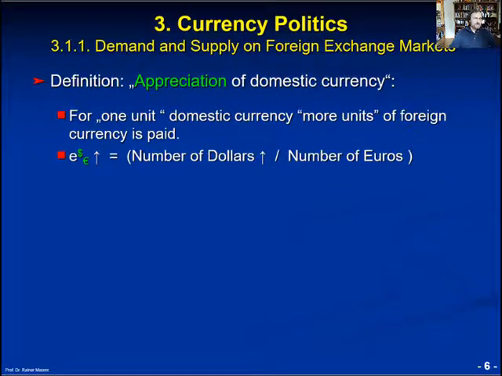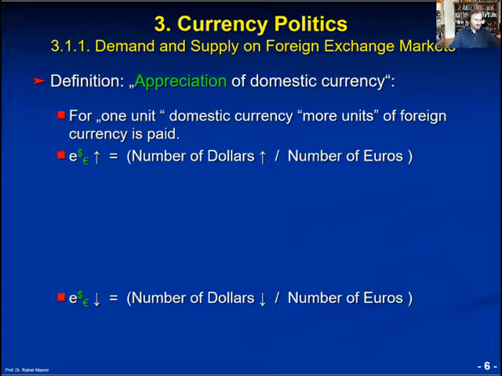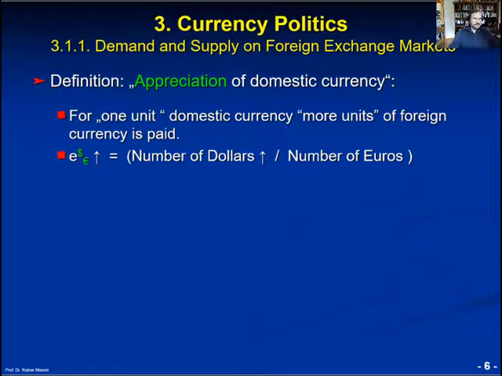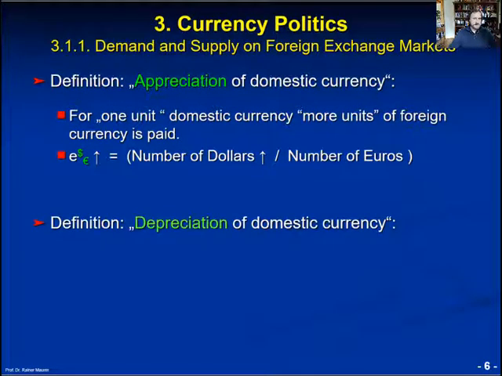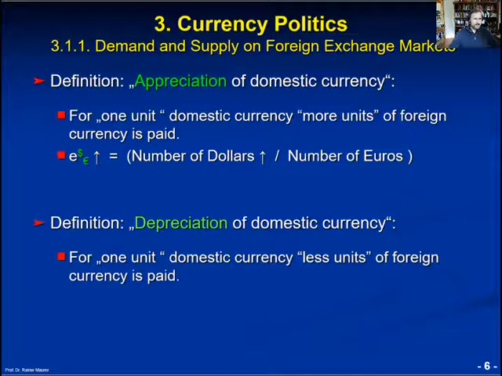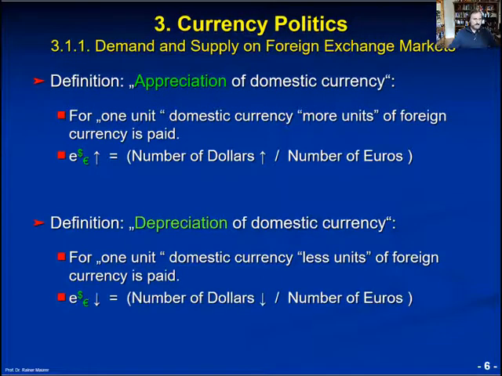As a result, the exchange rate gets larger. We receive more dollars for 1 euro. To the contrary, depreciation means the opposite. For 1 unit domestic currency, less units of foreign currency is paid. As a result, the exchange rate, the number of dollars we receive for 1 euro, gets smaller.